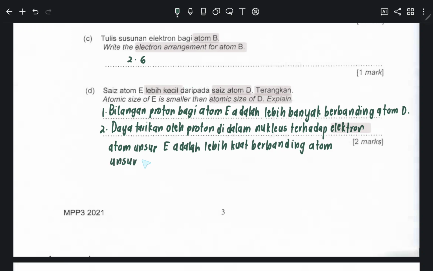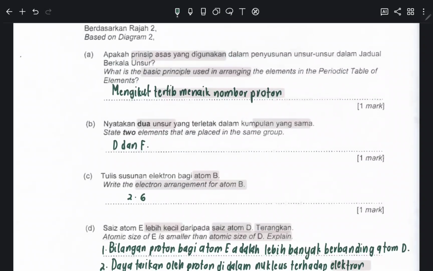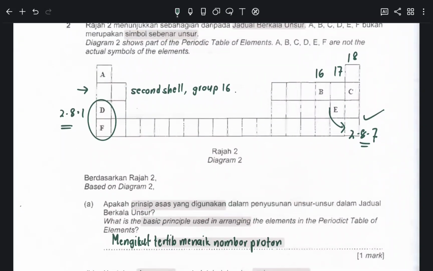Okay, but you should understand one thing. E and D are in which period? E is in period 3, D is also in period 3. So you must understand one thing.